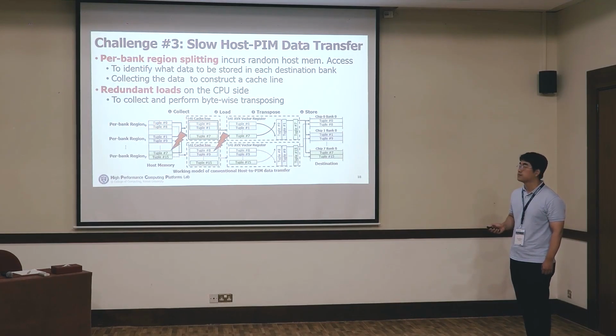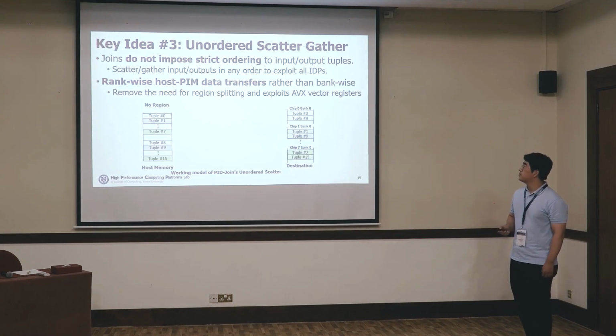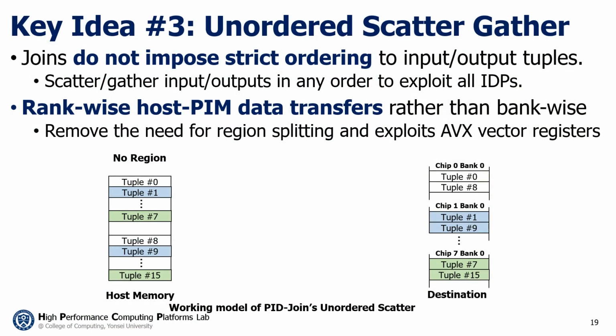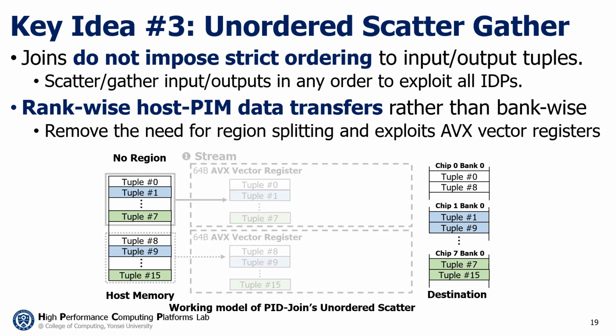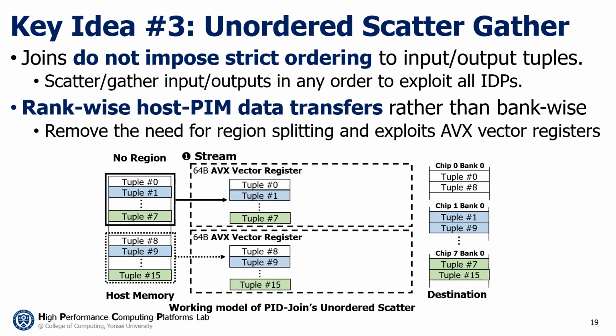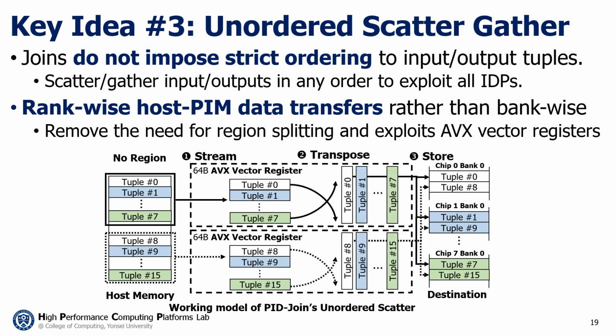To mitigate this, our third key idea is the streaming scatter, which exploits the fact that joins do not impose pre-ordering on the input and output tuples. So we remove the region splitting on the host memory, and instead access the host memory in a streaming manner, directly load into the vector registers, and perform transposing and storing the tuples.